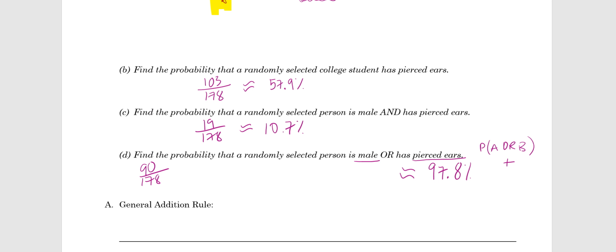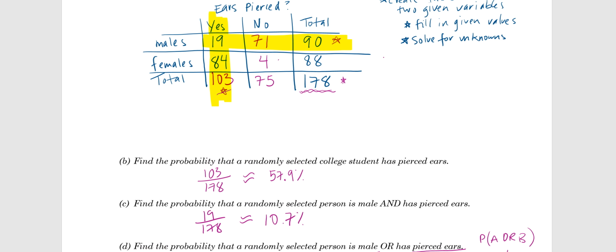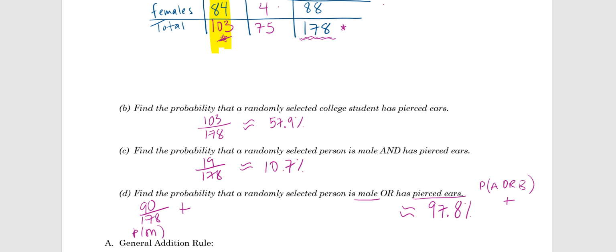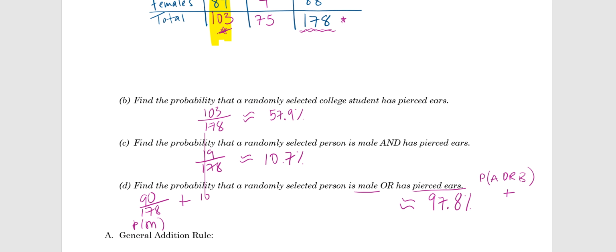So 90 out of 178, that's the probability that we have a male, plus the probability that the person has pierced ears. Well, that's 103. So we had 90 and now we have 103, so plus 103 out of 178. That's the probability of pierced ears.